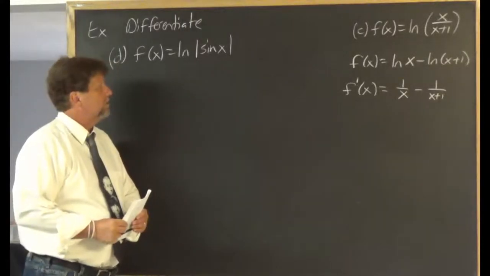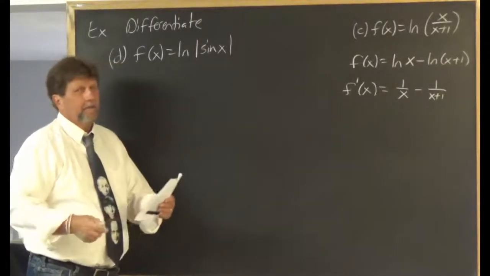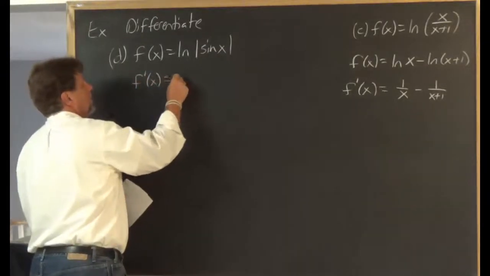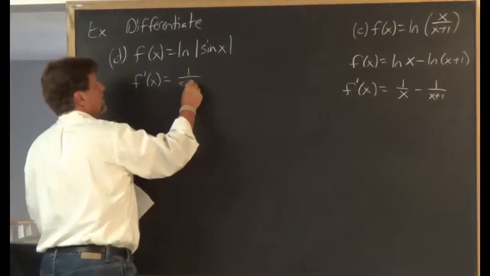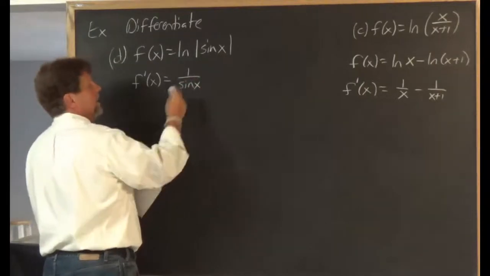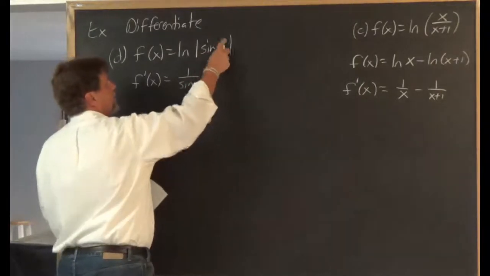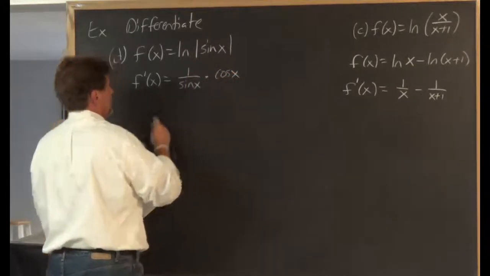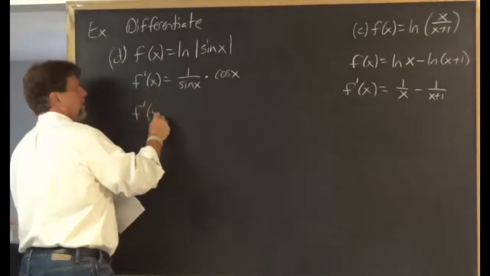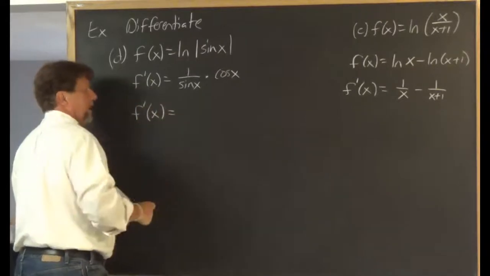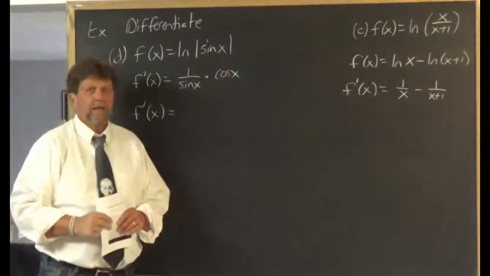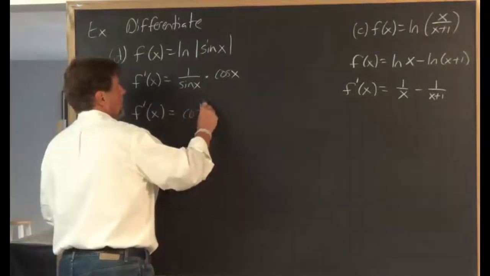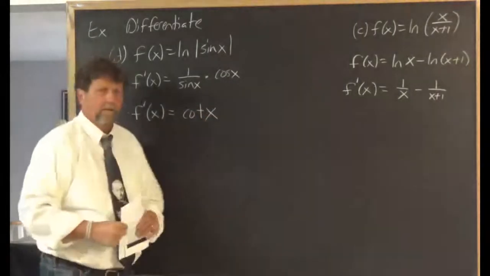Well, I guess the derivative just starts off 1 over sine x times the derivative of sine x, which we know is cosine x. And I would actually write my derivative as cosine x over sine x, or even better, cotangent x.